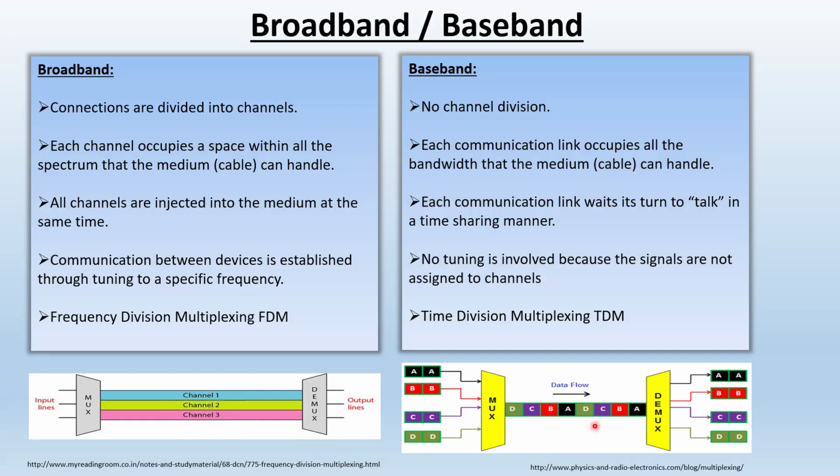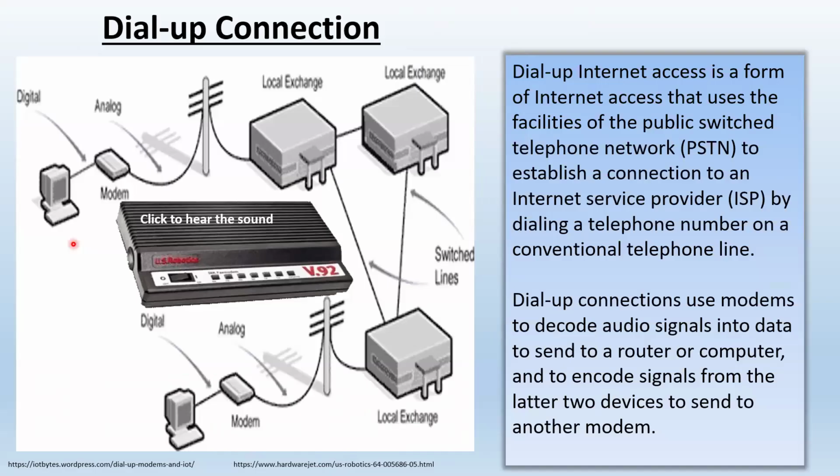And over here, just one at a time. So the bandwidth of that link is not as crucial as the bandwidth for this link. And there is no channel division. The baseband employs time division multiplexing, as opposed to broadband, which employs frequency division multiplexing.